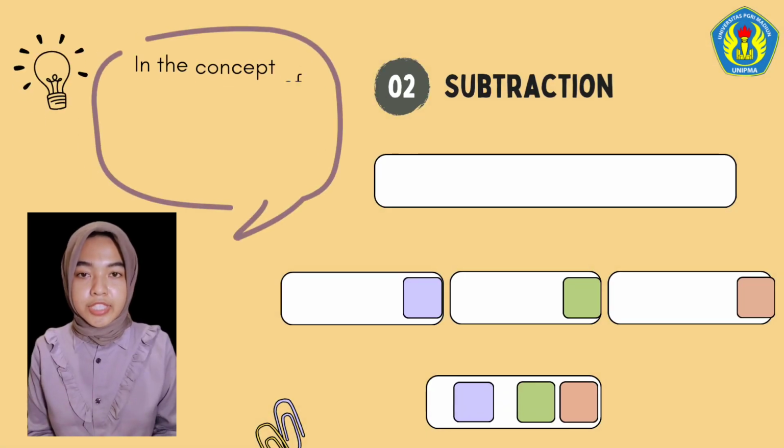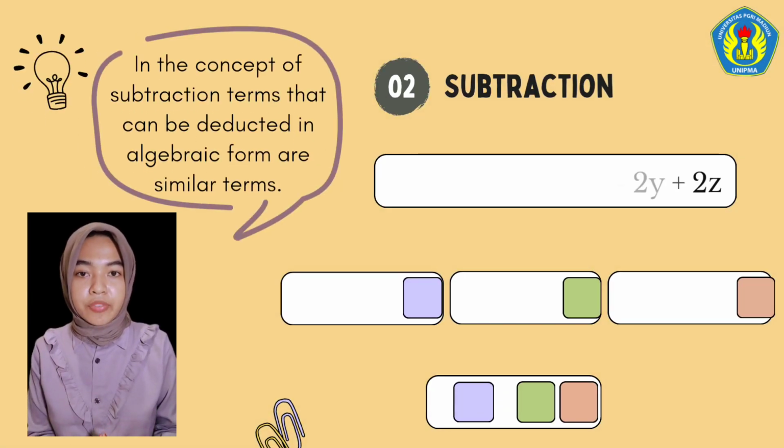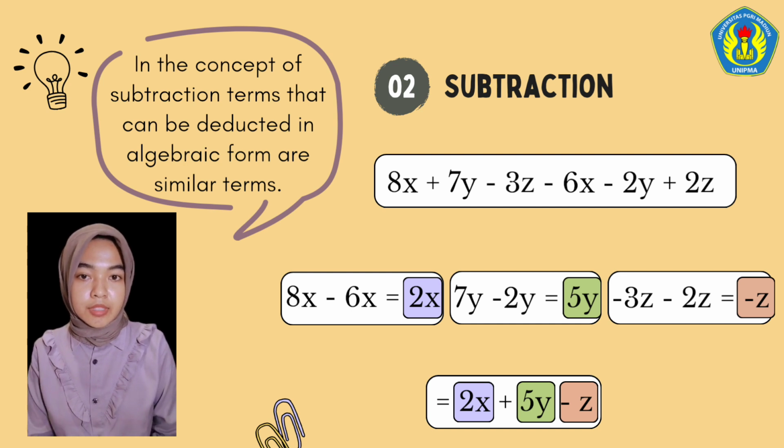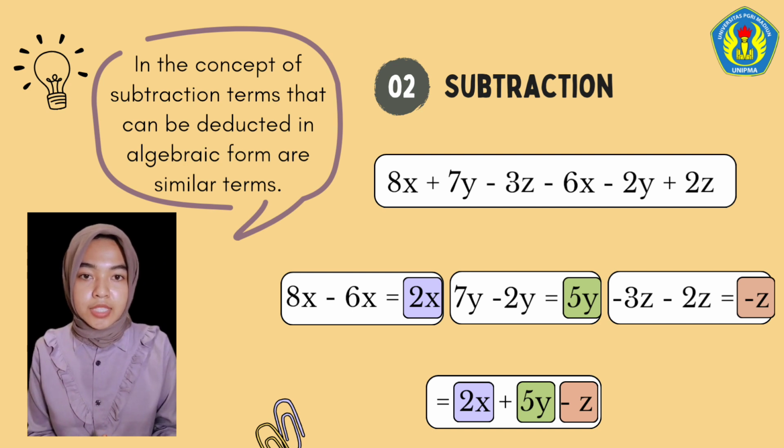Second, subtraction. Like the concept of addition, in the concept of subtraction, terms that can be subtracted in algebraic form are similar terms. For example, 8x + 7y + 3c - (6x + 2y + 2c). First step, we subtract the coefficients that have the same variable first.